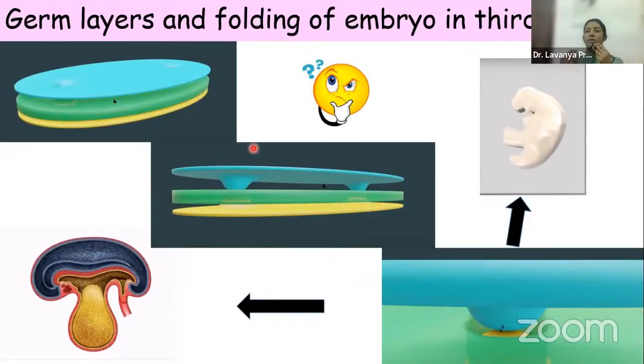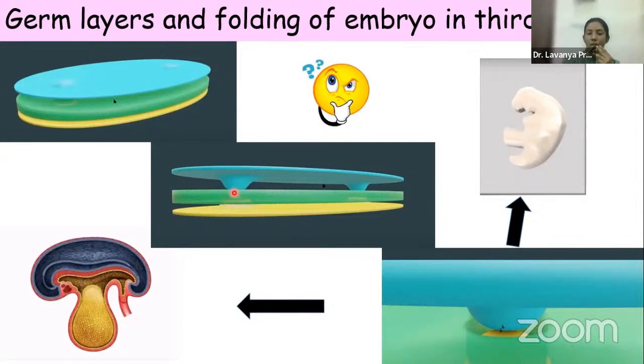As we are progressing our talk towards the development of the thyroid gland, let me concentrate on the cranial end. Towards the cranial end, where you can see the depression, it's nothing but an evagination, which we call the oropharyngeal membrane.